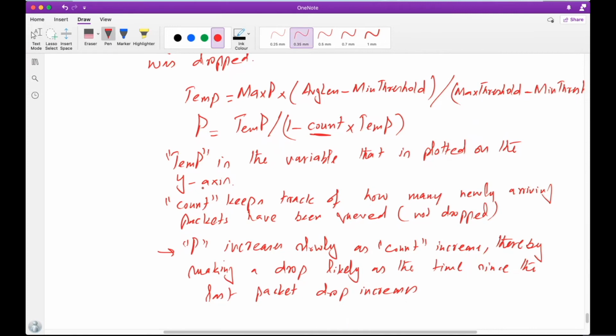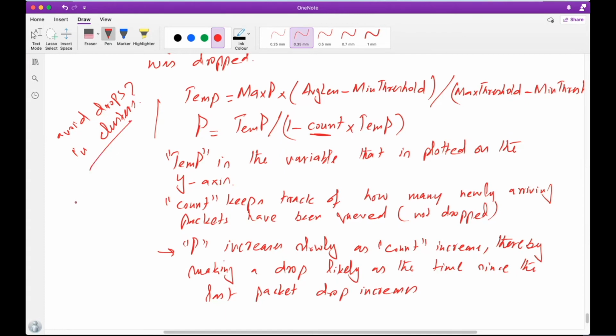So why do we want to avoid these drops in clusters?